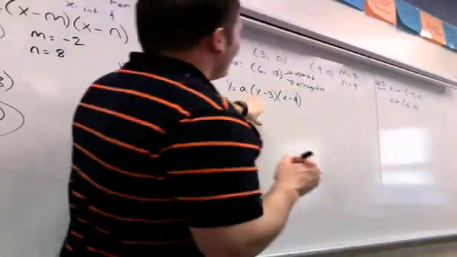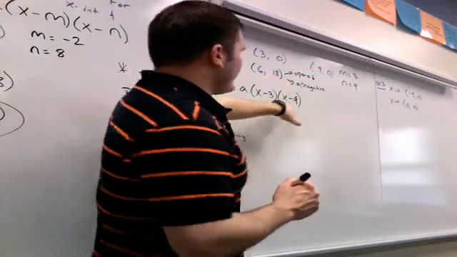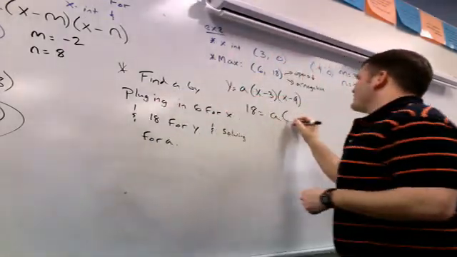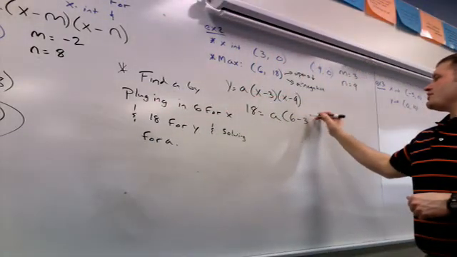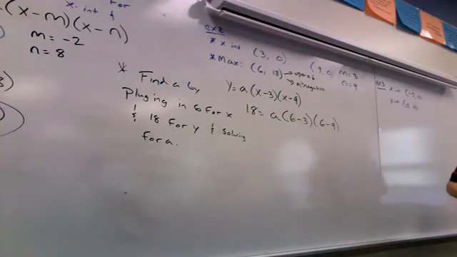All right. So I'll plug in 18 for y and 6 for x. So we'll get 18 equals A times 6 minus 3 times 6 minus 9. Does that make sense? Plug in 6 for x, 18 for y.